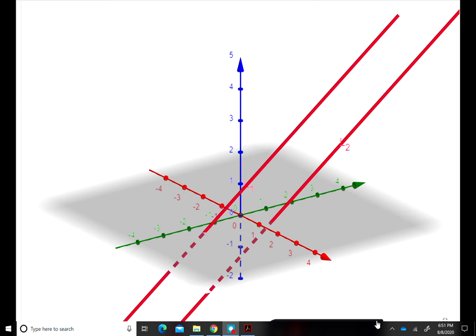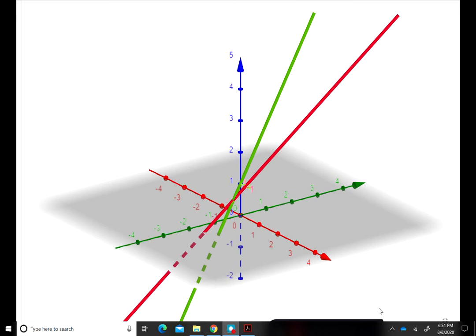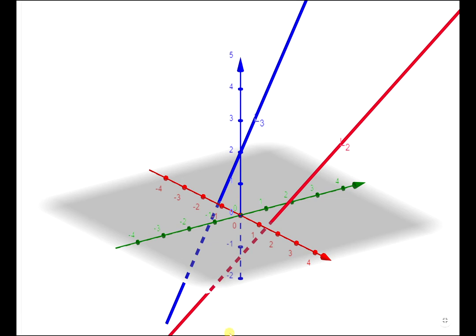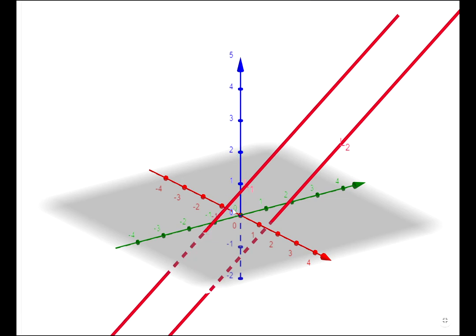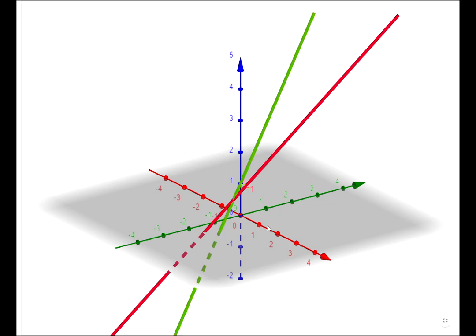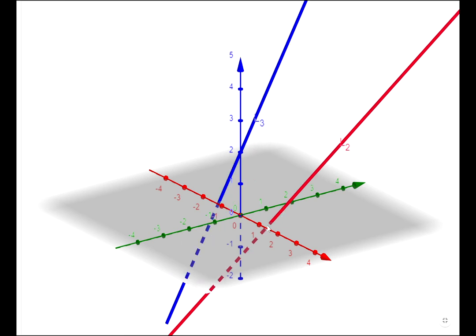So let's view, here are a pair of parallel lines, here are a pair of intersecting lines, and a pair of skew lines. As you see, parallel is what you're expecting. They don't intersect each other and they have the same direction vector.